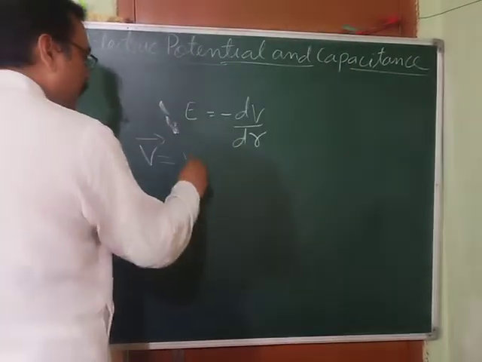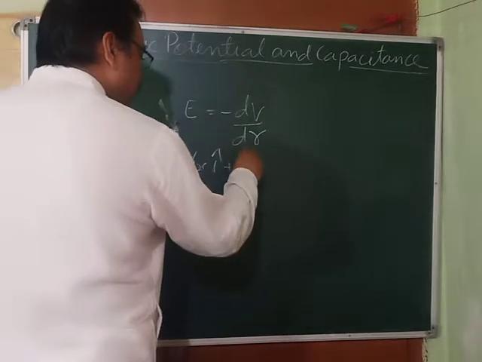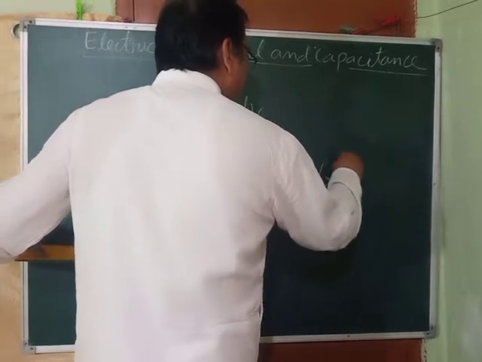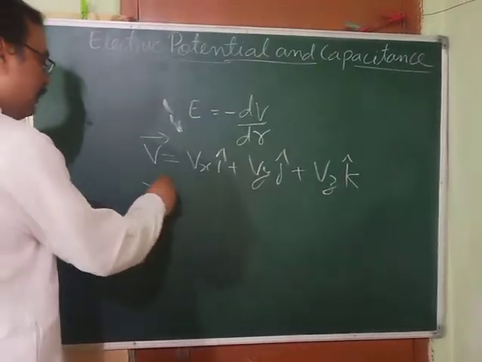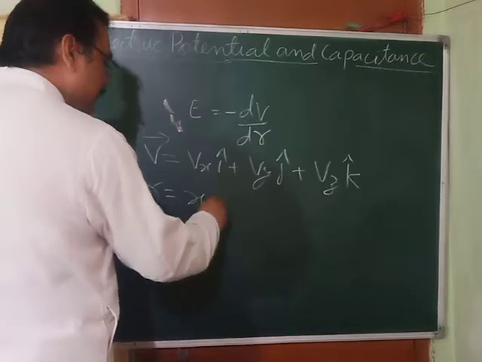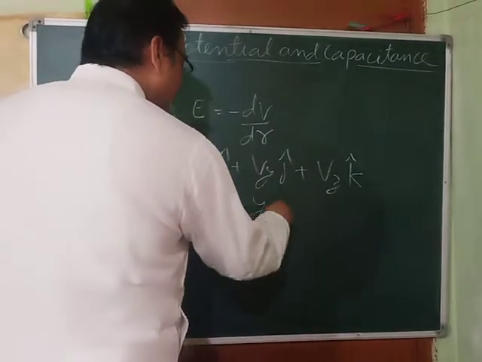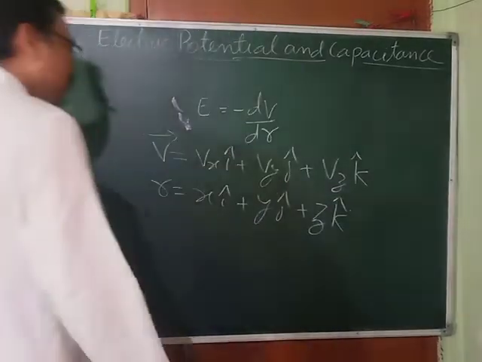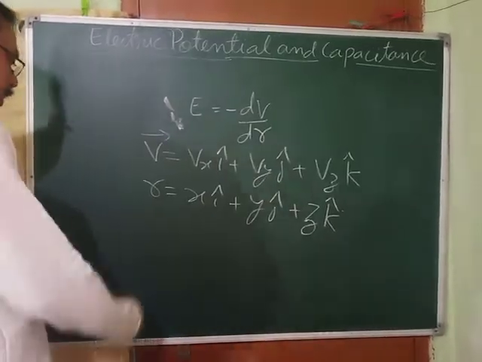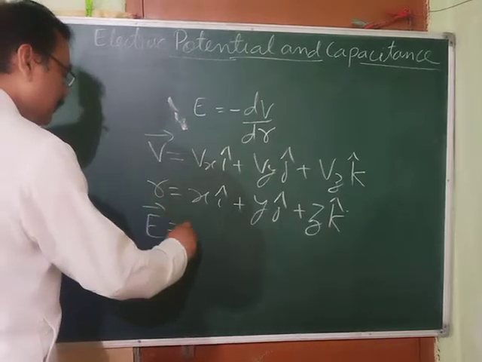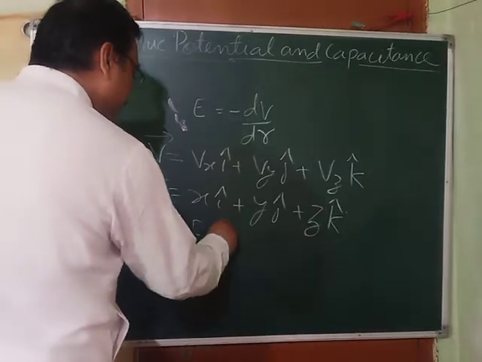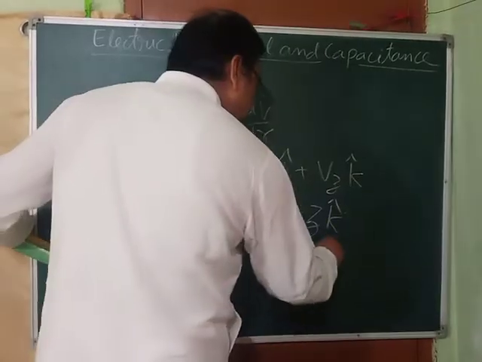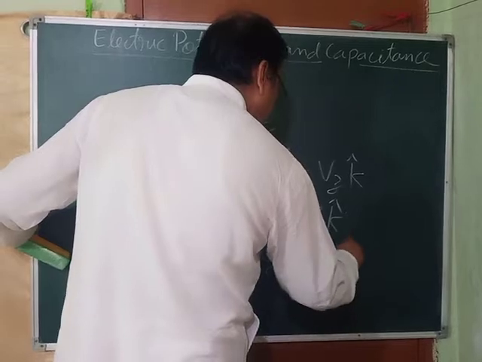Suppose V is given as Vx i cap plus Vy j cap plus Vz k cap, and r is given like this, suppose x i cap plus y j cap plus z k cap, and E is given as Ex i cap plus Ey j cap plus Ez k cap.